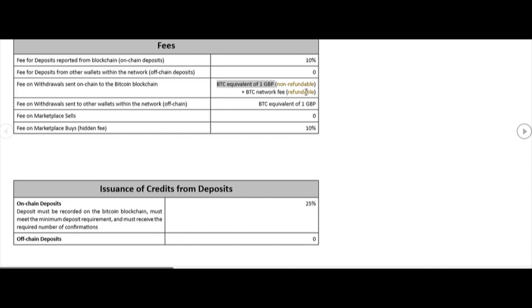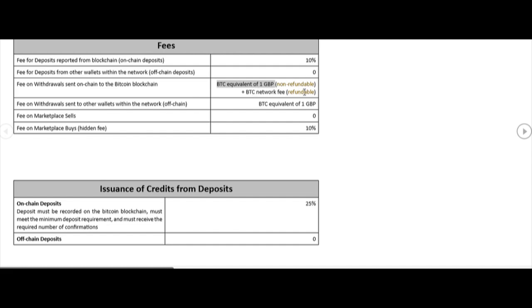That is refundable. So by refundable and non-refundable, let's say you submitted a transaction and put in an invalid Bitcoin address. Of course, that's going to be rejected by the blockchain and your funds are going to be returned. So however much you sent or intended to send to that wallet, that's going to be returned.